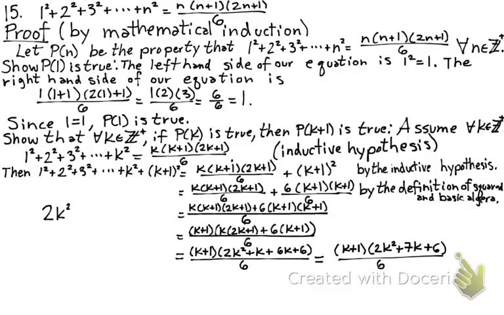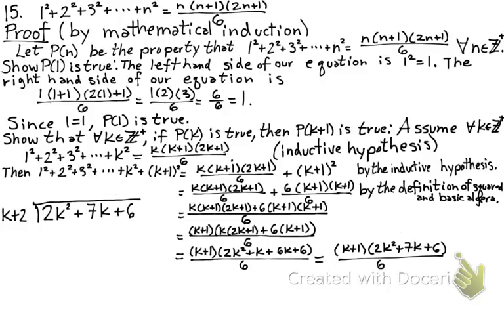So 2k squared plus 7k plus 6, and into that we should be dividing k plus 2, and if we've done it right, then we should be able to get the other value out right up here.